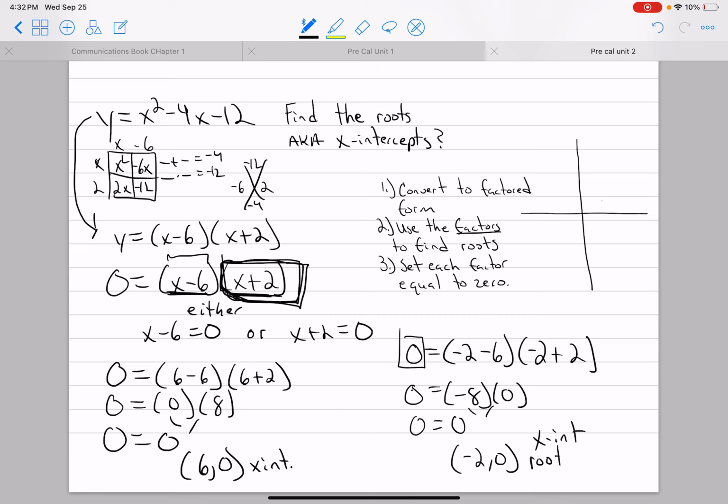So if I was going to graph this parabola, I'd be like, okay, I have a root at negative 2, 0 right here. And I have a root at 1, 2, 3, 4, 5, 6, 6, 0 right here. And my parabola does something like this. Okay? So the factors, when I set them equal to 0, help me find the root.